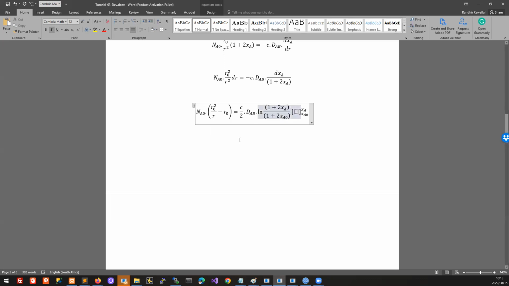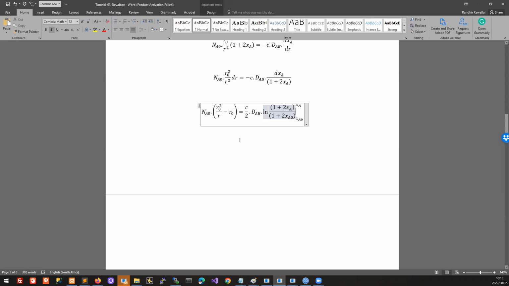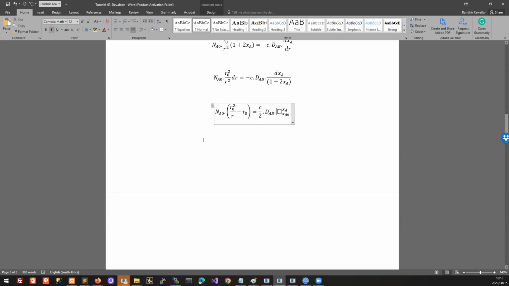Okay, so that's our general form of the equation. We can use this equation to determine xa for any position r, right? We just stick r in here and we can solve this equation for xa. But we do need na naught. That's something we don't know as yet.